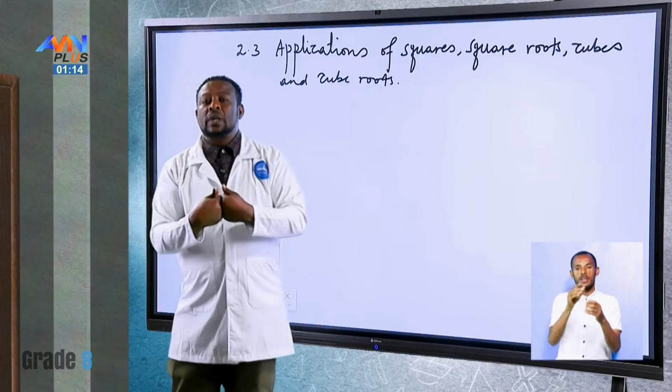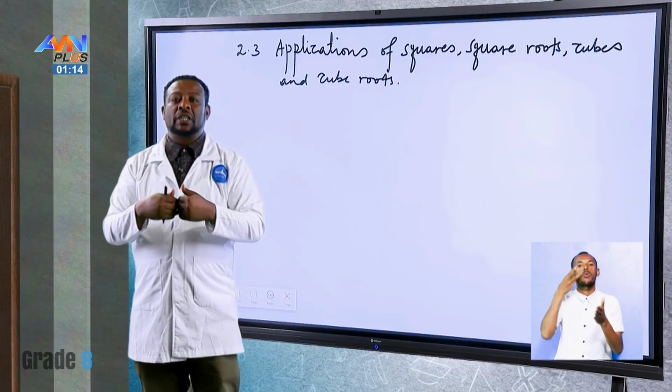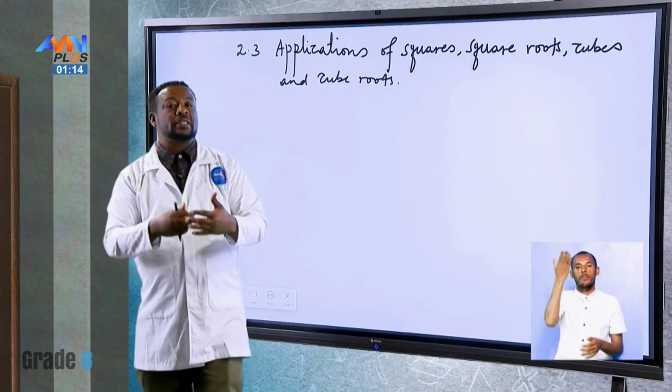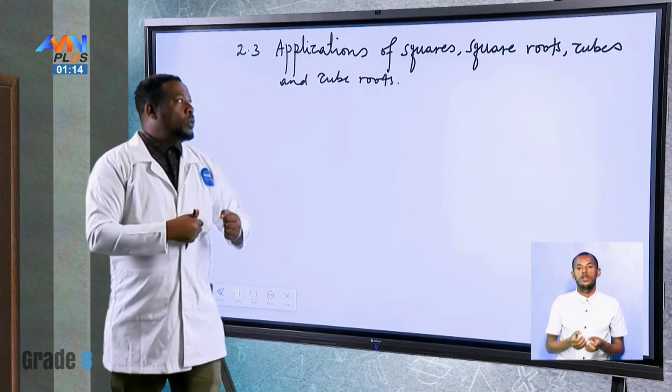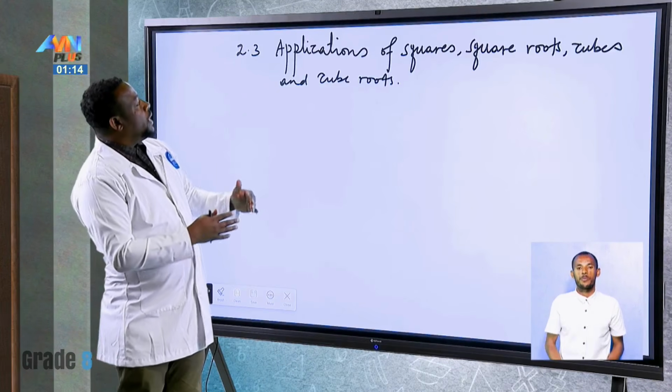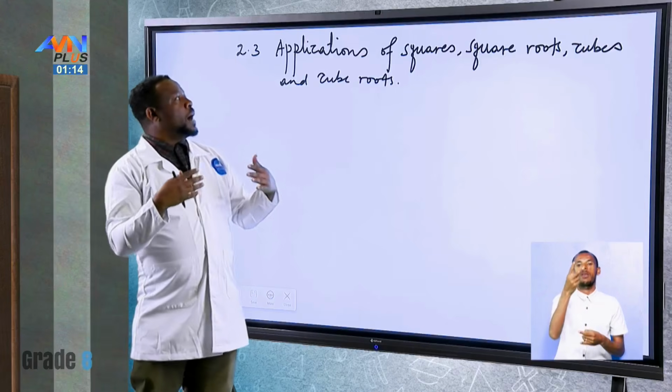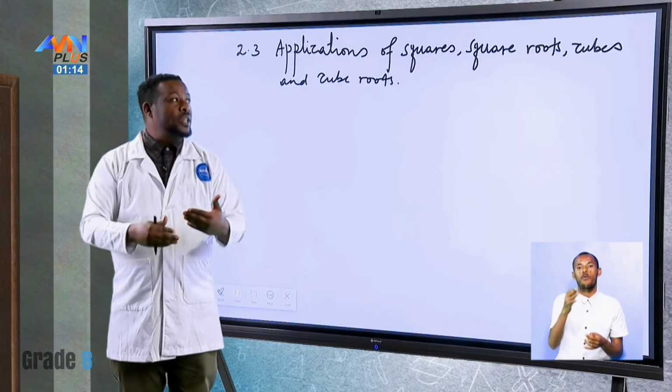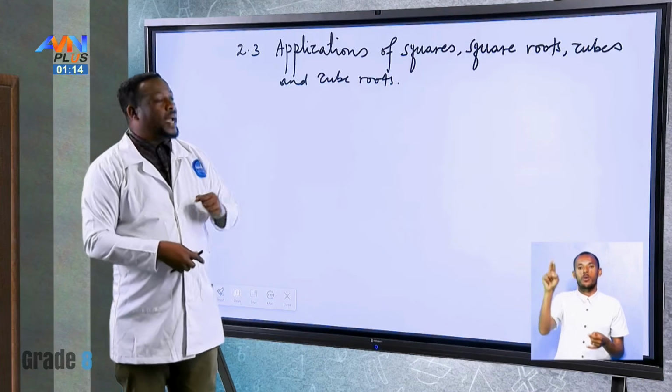Okay, that was the point of discussion that we had in our previous lesson, right? So today we will see the applications of squares, square roots, cubes, and cube roots.